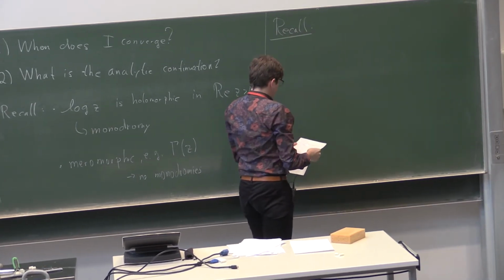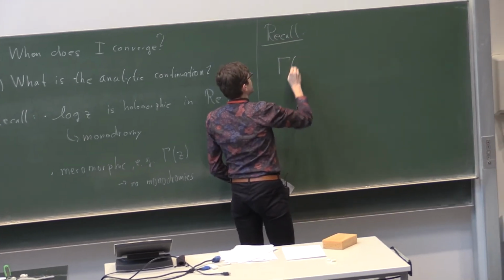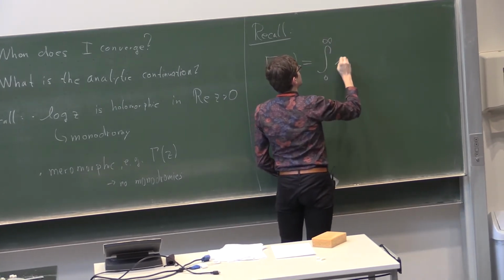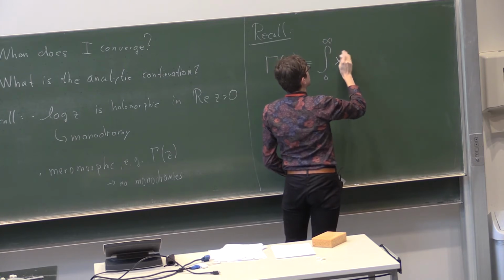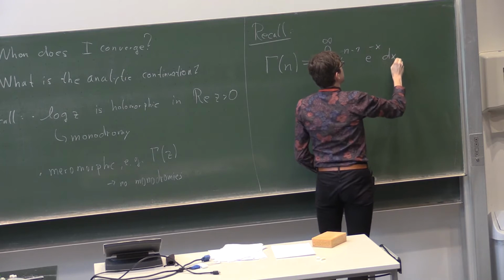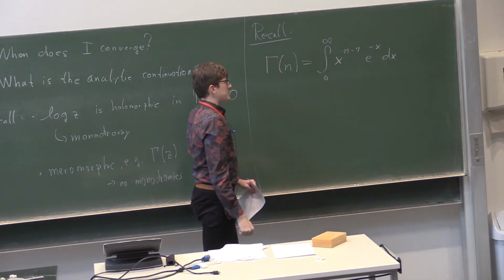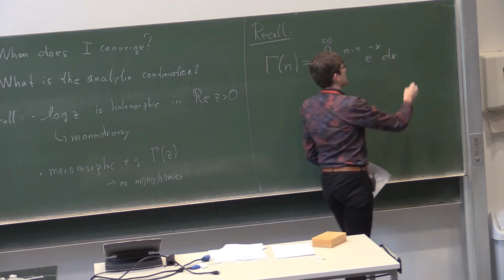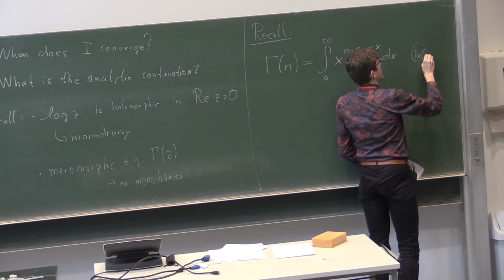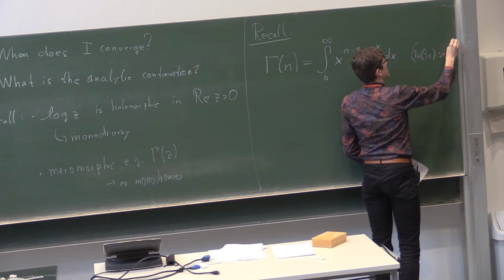So what was the gamma function? You can define it in this way: the integral from 0 to infinity, x to the n minus 1, e to the minus x dx. But already yesterday we had some question, because the problem with this formula is that it only makes sense for real part of n greater than 0.